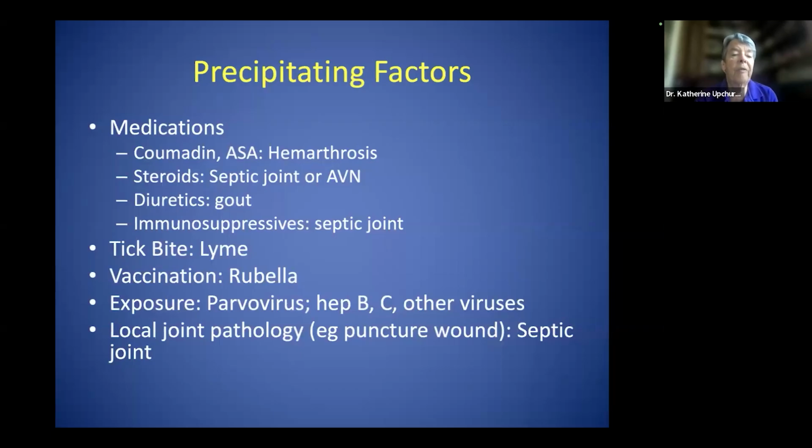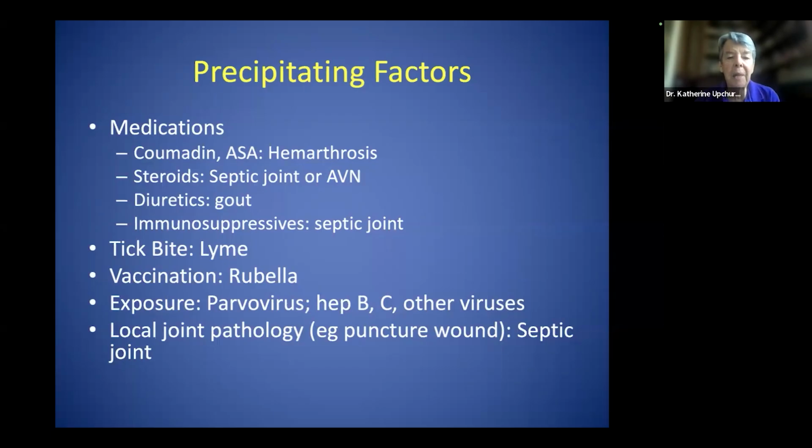There is a syndrome of post-vaccination rubella. Also, if a patient's been exposed to parvovirus, like adults whose kids may have parvovirus, they can develop it, and it's a little bit of a different disease in adults than kids. Patients with other viral diseases such as Hep B, Hep C, even patients who travel to the Caribbean can develop chikungunya or dengue disease.